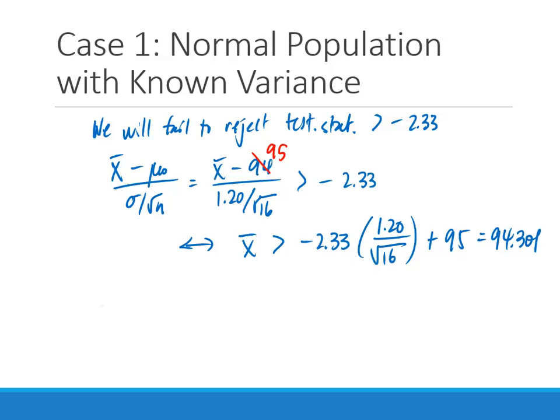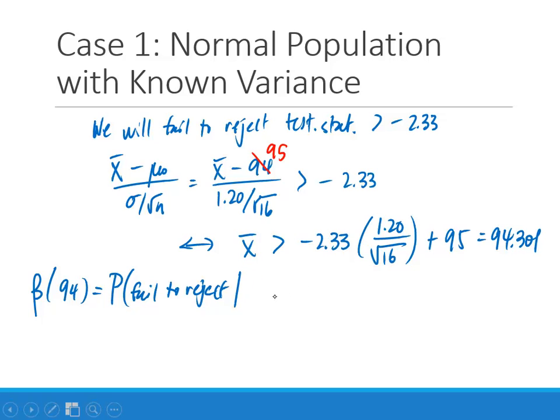So our probability of a type 2 error here, when the true mean is actually 94, is the probability that we fail to reject, given that the true mean is actually equal to 94, which is what we just worked out. That's the probability that our sample mean x bar is bigger than 94.301.